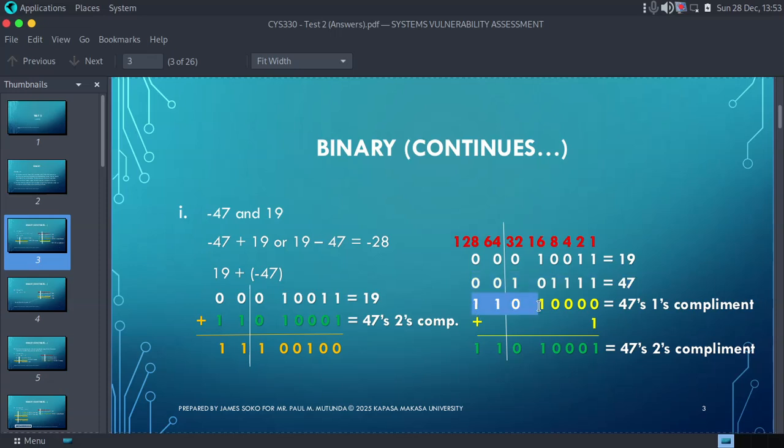Then we converted 47 into 1's complement by flipping the numbers. Then we add the 1 for it to become 2's complement. Now we get this 2's complement answer and put it here for us to actually add 19 and negative 47 in 2's complement, giving us 3 1s, 2 zeros, just a 1 and 2 zeros. So that's how we do this.